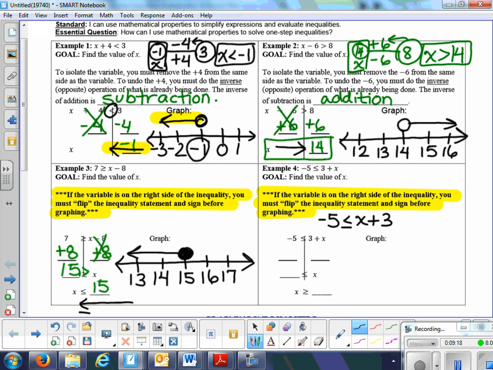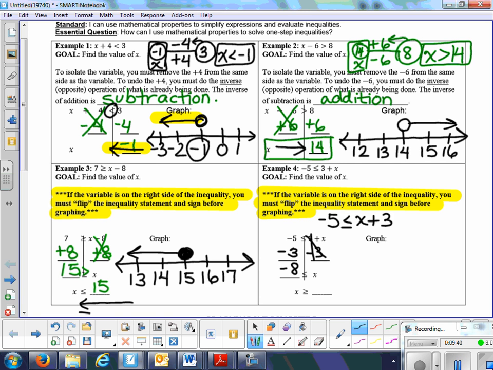If that makes you feel more comfortable, that's fine. And we know it's plus 3 because this 3 is positive. So that means that we're going to subtract 3 from both sides of our inequality. 3 minus 3 will give me my 0 pair. It leaves me with just x on the right-hand side. -5 minus 3 will give me a -8.